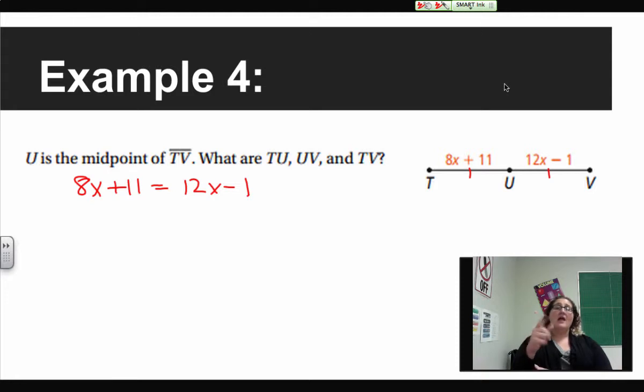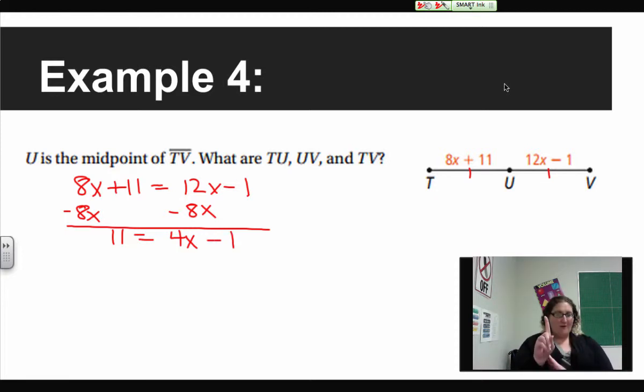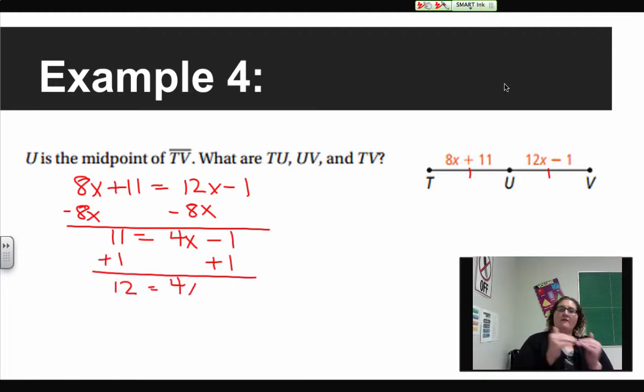I'm going to use algebra to solve for x. First I subtract 8x from both sides, and now I have 11 equals 4x minus 1. Now I'm going to add 1 to both sides, and I have 12 equals 4x. Divide both sides by 4, and I get 3 equals x.